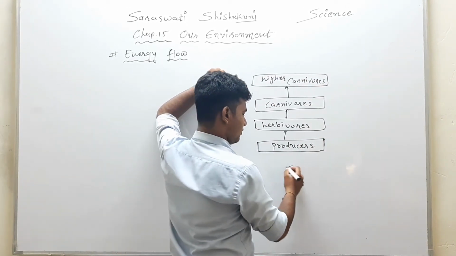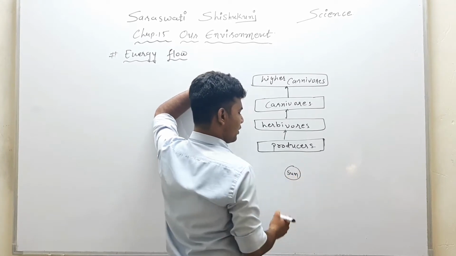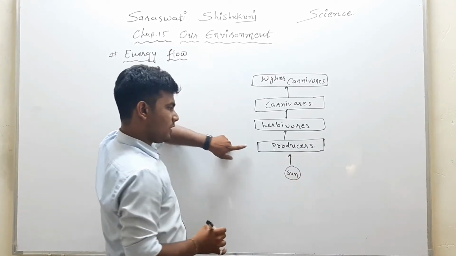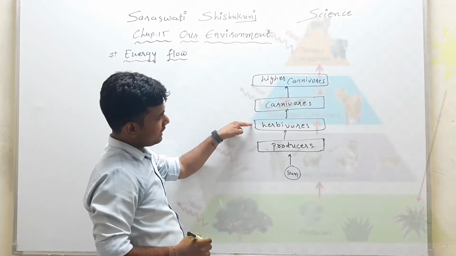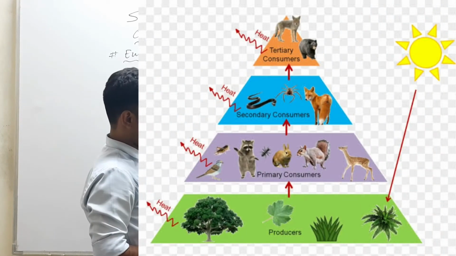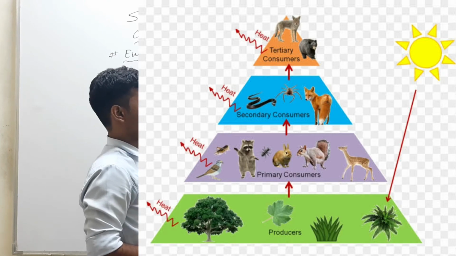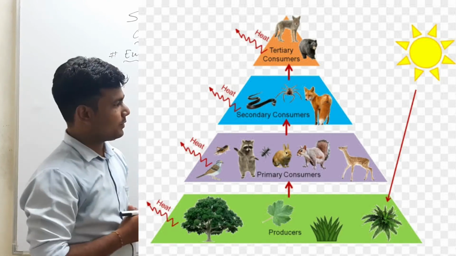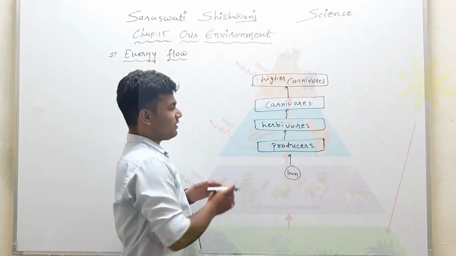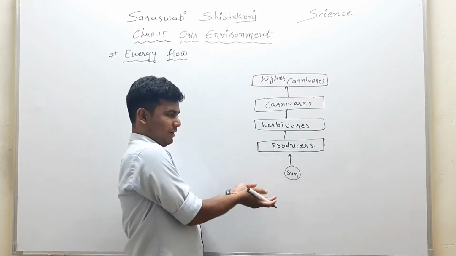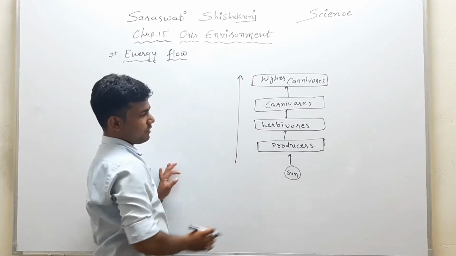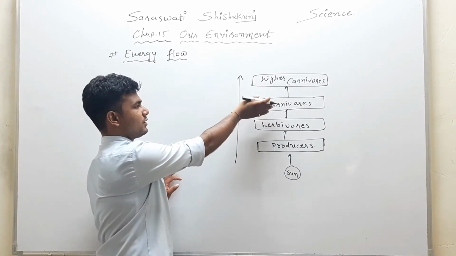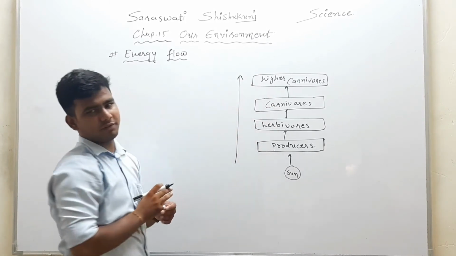So from sunlight, producers prepare their food. Producers are eaten by herbivores. Herbivores are eaten by carnivores, and some of the carnivores are eaten by higher level carnivores. Here we can see that the flow of energy is in this direction: from producers to herbivores, herbivores to carnivores, carnivores to higher level carnivores.